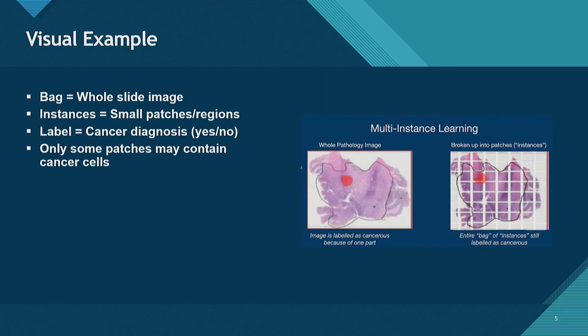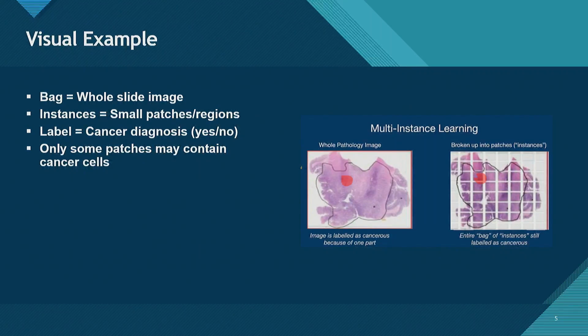This is a very big image, and we need to divide the whole tissue and whole slide image into small patches, for example 256 or 224. It depends upon your criteria, what size you want to keep for the patches.